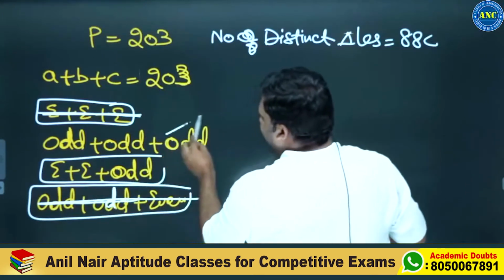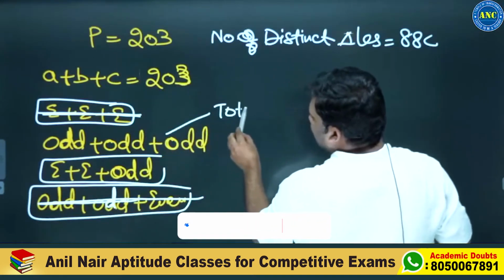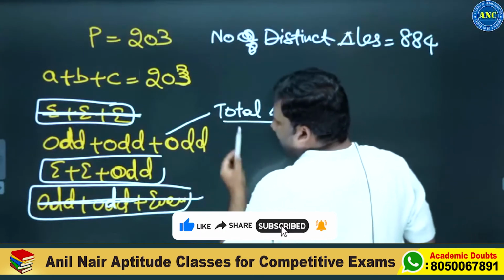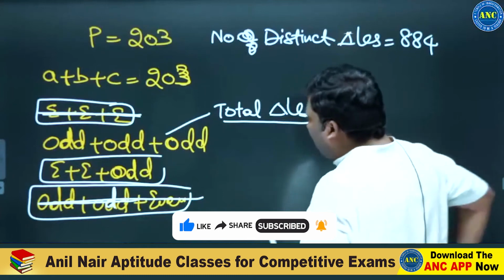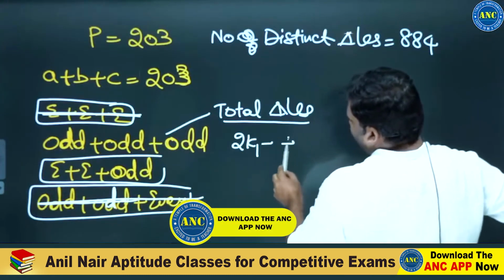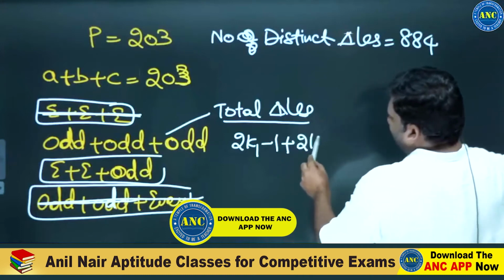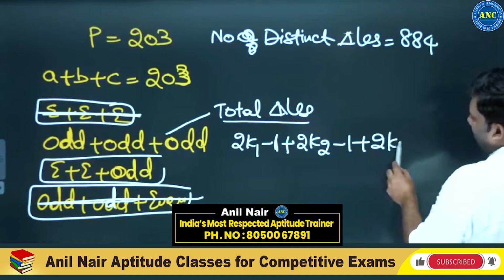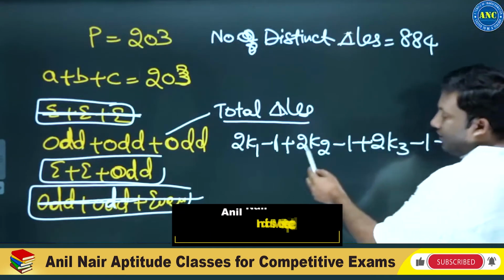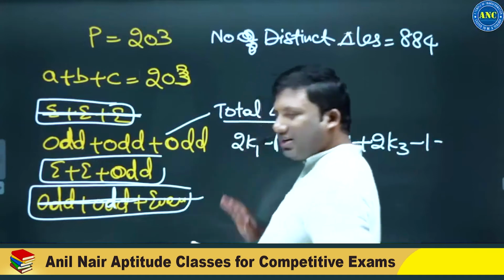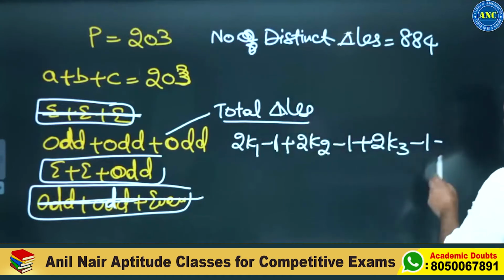That means if I find the total triangles with this case, total cases minus this case, I will get the answer. Odd number is given by 2k1 minus 1, 2k2 minus 1, 2k3 minus 1, equivalent to k1, k2, k3. In minimum integral value it is 1. That is the reason I am taking minus 1, minus 1, minus 1.